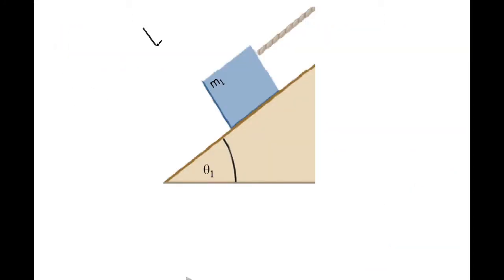All right, so again we have a coordinate system here where we'll have x prime pointing along the ramp and y prime pointing perpendicular to the ramp, and then we will draw the gravity acting on the mass, which always acts straight down. But then what we're going to do is decompose that force of gravity, that acceleration due to gravity, along the x prime and y prime components, right?